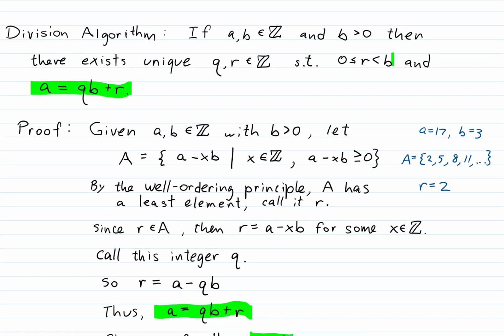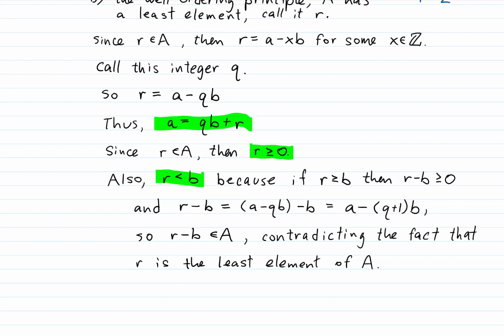A equals QB plus R, and R is between 0 and B. Okay? And there we go. That's the end of the proof. Now, to mark the end of a proof, we will often put a square like that.